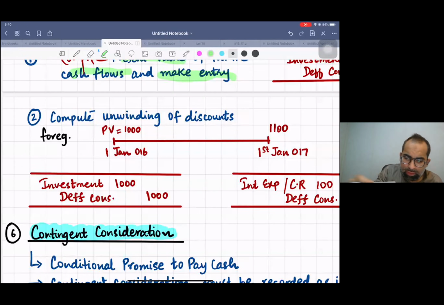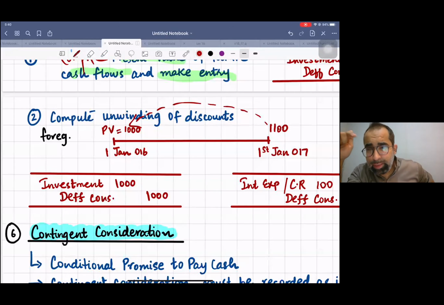So first of all compute the present value. The present value of that 1100 now is 1000. So you will make the entry: debit investment and credit deferred consideration, because you promised, it's your obligation.